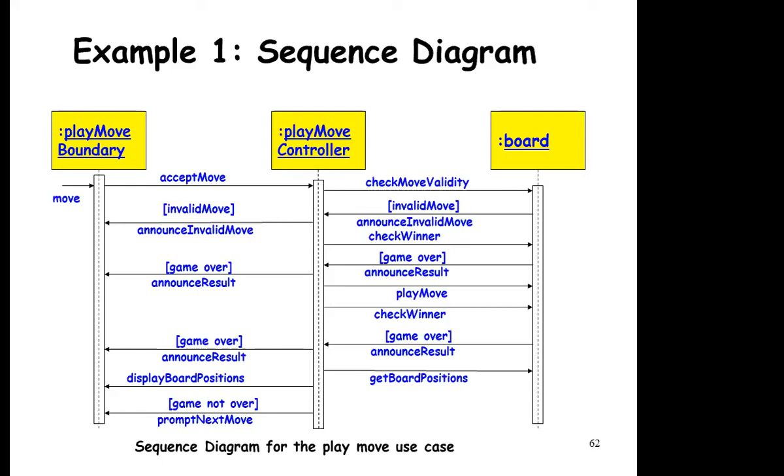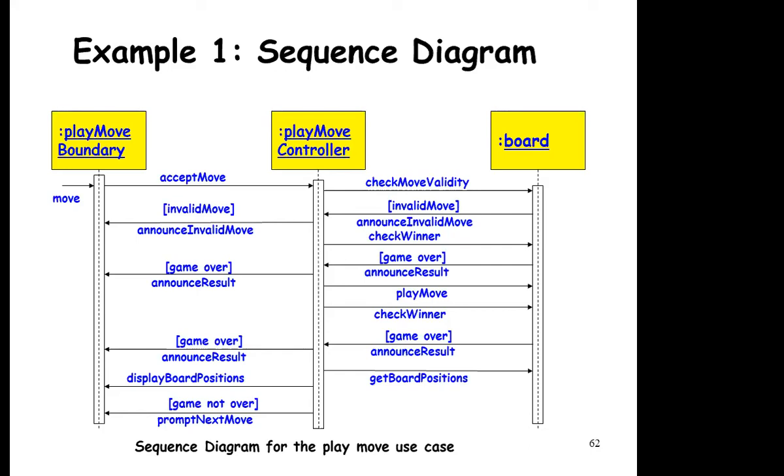Then it will also check the winner and declare who is the winner. All the announcements are done with the help of the play move boundary object, because the user is at the boundary. The player is interacting with the object of the play move boundary. So this is the simple sequence diagram of the tic-tac-toe.